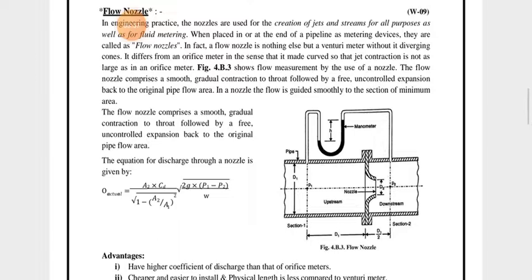As the diameter decreases from d1 to d2, the area also decreases, because area is nothing but pi by 4 d square. So as area decreases, velocity increases.